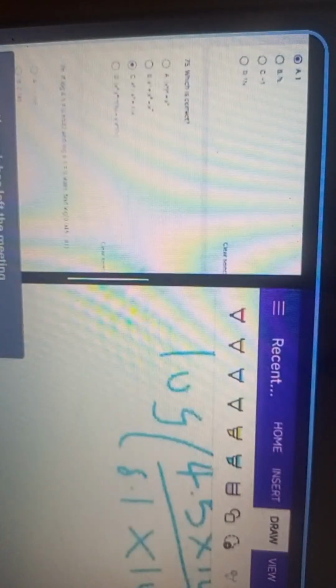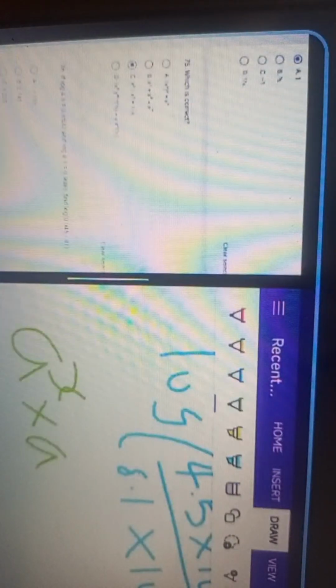Now, so far, I've not done anything new, right? So to do something, you have to introduce the laws of logarithm. And the laws of logarithm are easy. Just take the laws of indices and flip them. For example, in the laws of indices, you have a raised to the power of x times a raised to the power of y is equal to a raised to the power of x plus y.